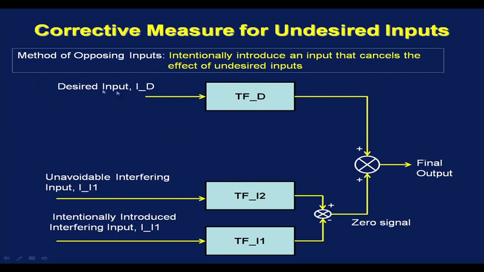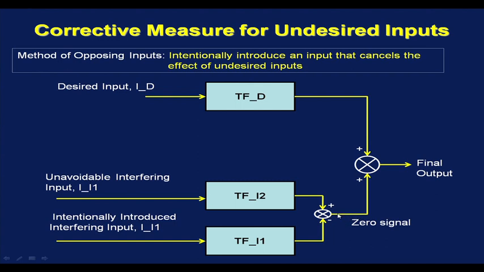So, we have a desired input signal, we have an interfering input signal which is undesirable, which is unavoidable, but we intentionally introduce another interfering input signal, and we choose this signal such that the effect of unavoidable interfering input signal and the intentionally introduced interfering input signal cancel each other out.